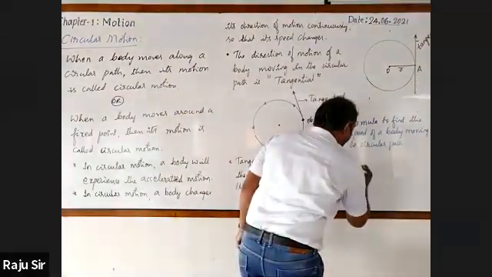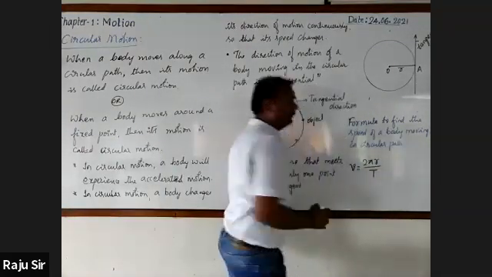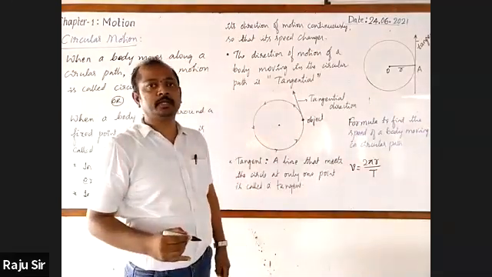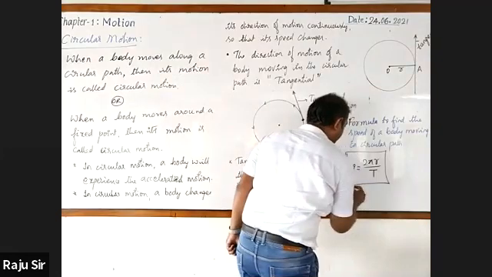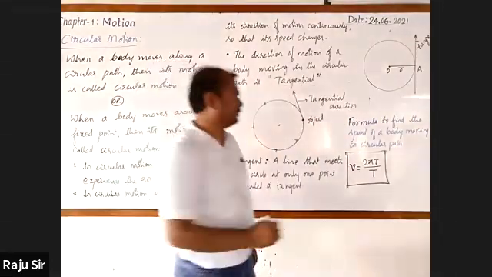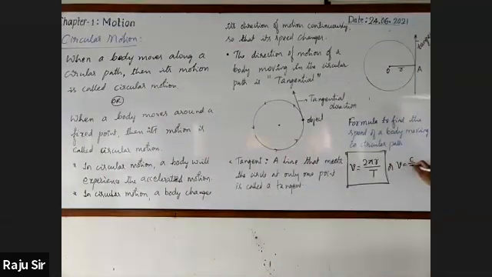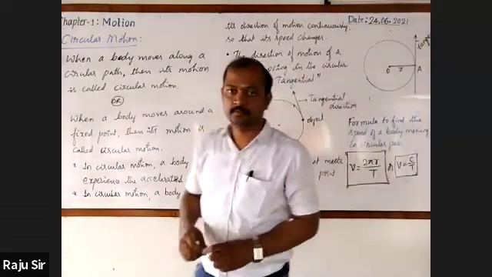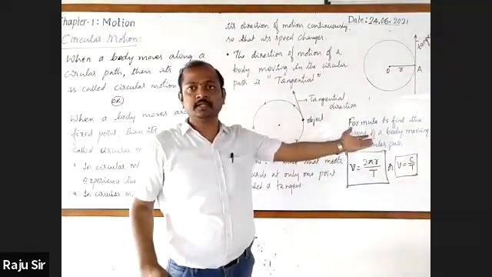It is v equals 2 pi r by t, that is, circumference by time. You can also write v equals c by t, where c is the circumference and t is the time period.